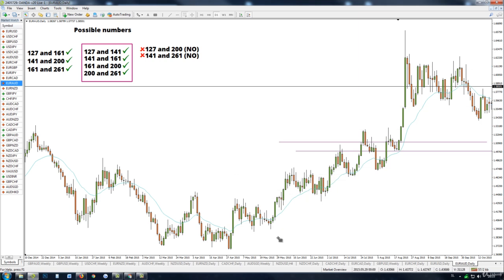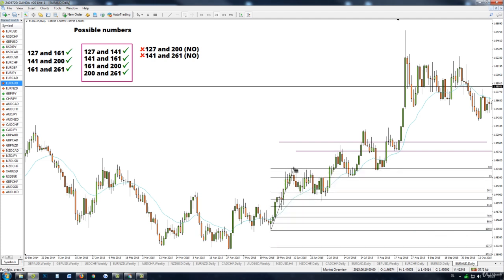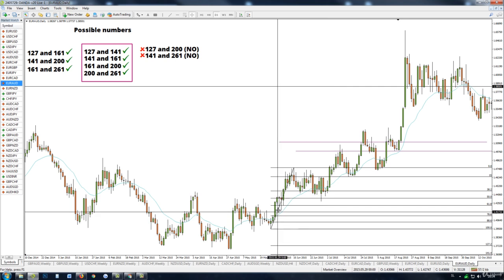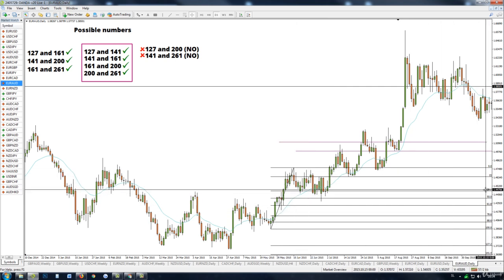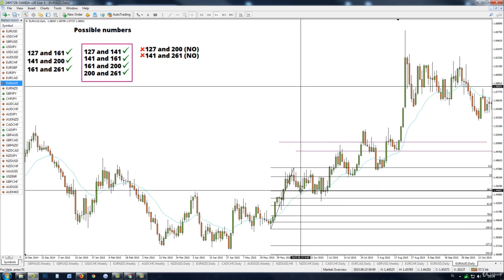Okay, so if we take a Fibonacci retracement and we draw it another way, you can see that retracement, so this is 100%, and here you can see 38.2. This is a 38.2 retracement.